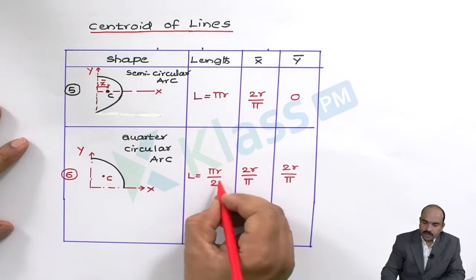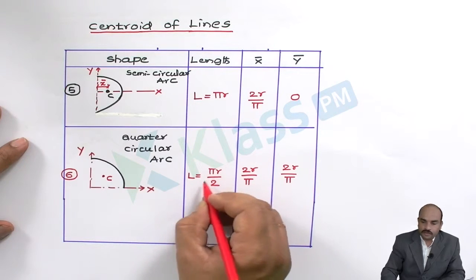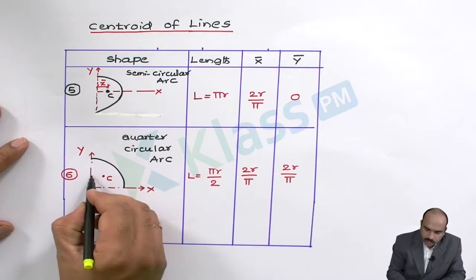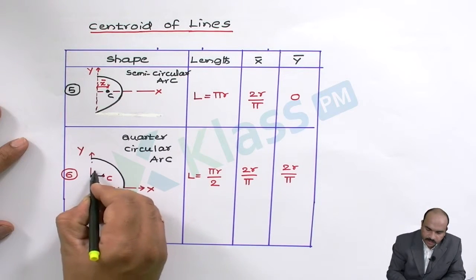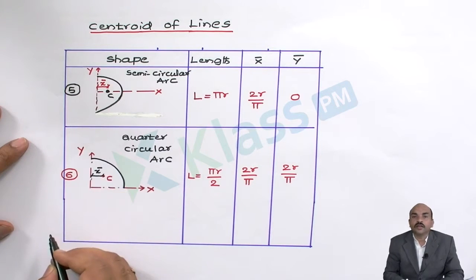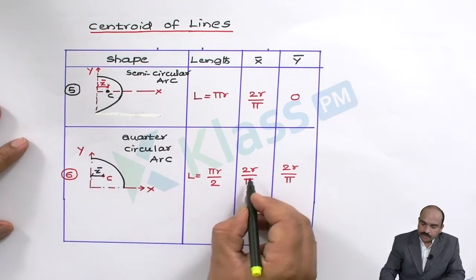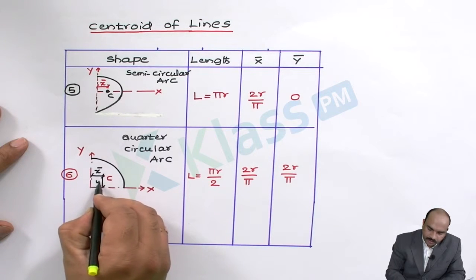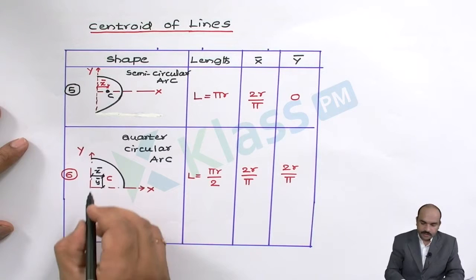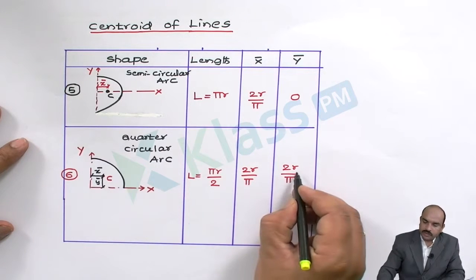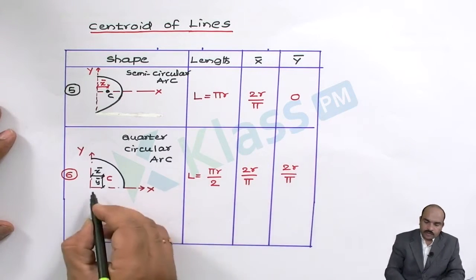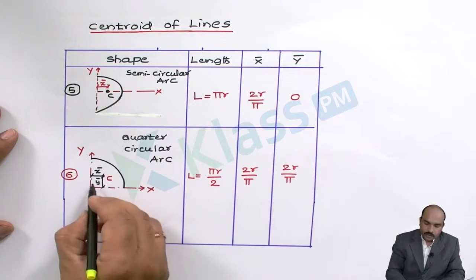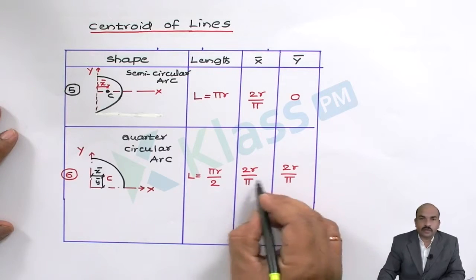Then the x centroid and y centroid formulas: the formula to calculate x bar is 2r by pi, and the length which indicates the y centroid, y bar, is also 2r by pi. So for the quarter circle, x bar and y bar are the same, 2r by pi, and it is easy to remember also.